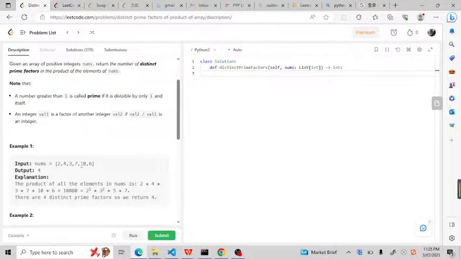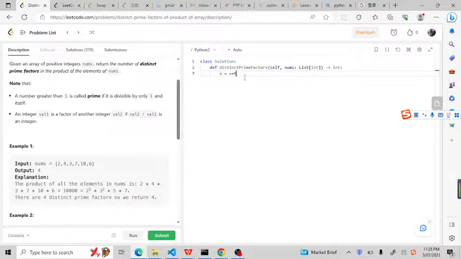It doesn't matter. When it goes to 10, it is 2 times 5. We don't have 5, so we need to put 5 into our result. For this kind of problem, we can use a set to remove duplicate numbers. So let's get started.